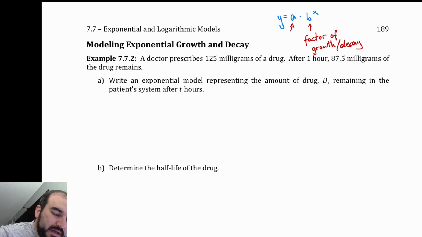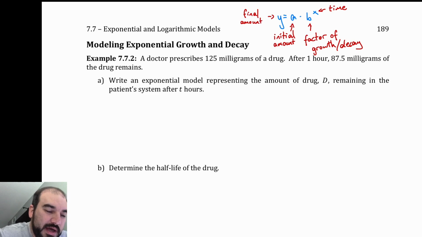A is generally the initial amount, and x is going to be time in these specific exponential models. And then y will be the final amount.